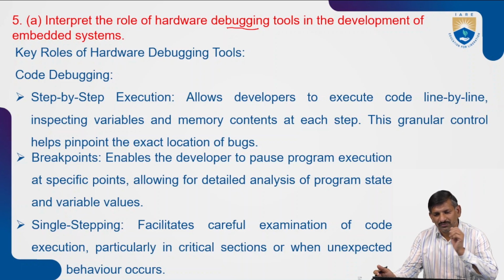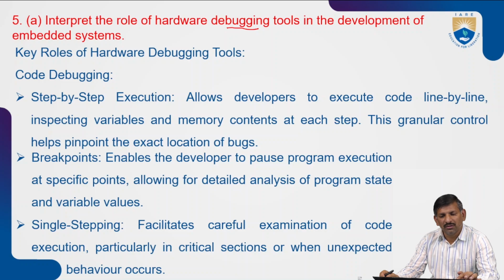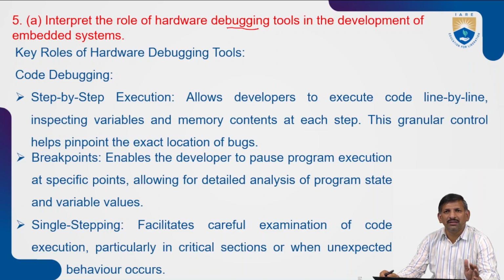Okay, now the key roles of hardware debugging tools. Debugging: bug means error, functionality deviation, and de means removing the functionality deviations by using these tools.